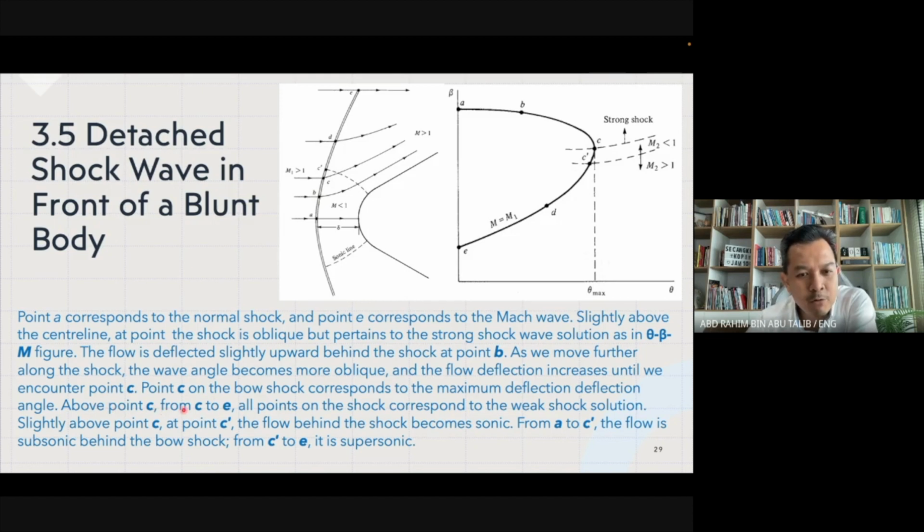Above point C, from C to E, all points on the shock correspond to the weak shock solution.